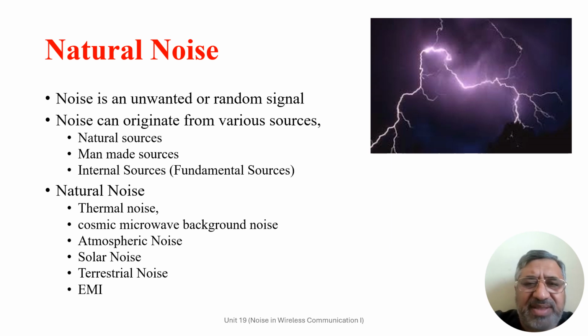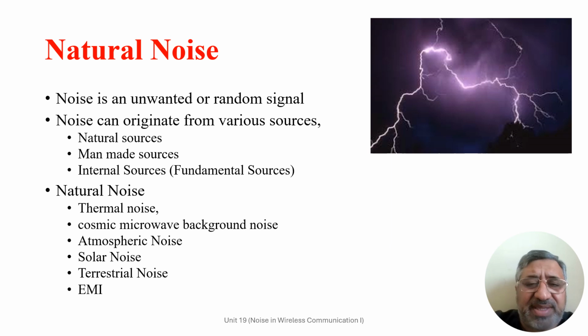Similarly, terrestrial noise also refers to the noise generated by natural sources such as the Earth. It includes noise from lightning, thunderstorms, atmospheric disturbances, and electromagnetic interference caused by geological features such as electrical discharge from the ground, and other such activities.